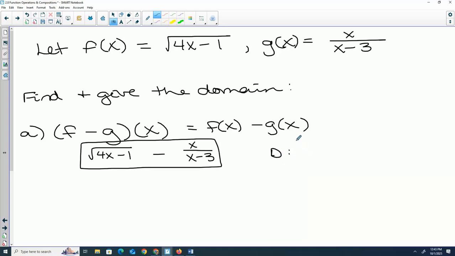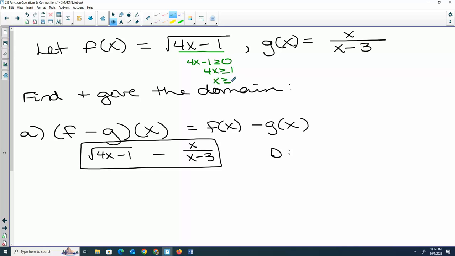For my domain, I have to think about each of these functions individually. If you have the square root of 4x minus 1, what do we know about the domain of a square root? Anything under the radical has to be positive, right? So that means 4x minus 1 has to be greater than or equal to 0.